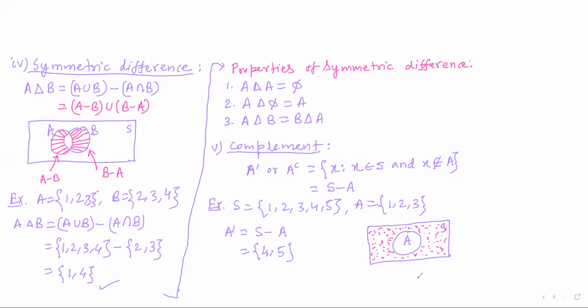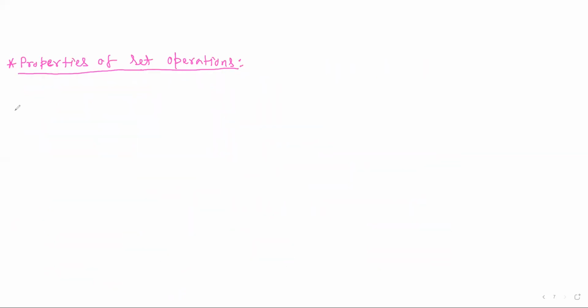Now I will discuss different properties regarding this set operation. Properties of set operations: A union A is equal to A. That is, if you take the union between the same set, then the result will be that set.